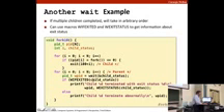We take that variable and use the WIFEXITED macro to determine if it terminated normally by calling exit. If so, then we can check its exit status using the WEXITSTATUS macro. Otherwise, if WIFEXITED is false, then that means the child terminated for some other reason, not because it called exit.